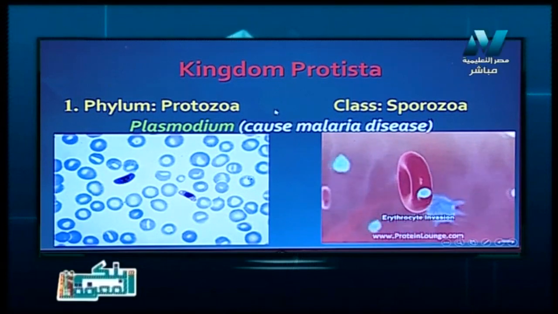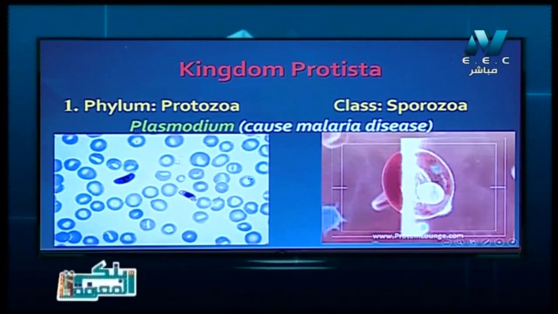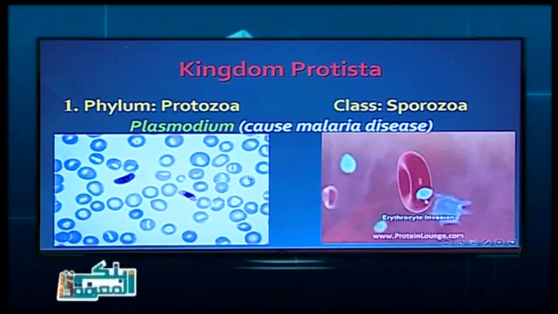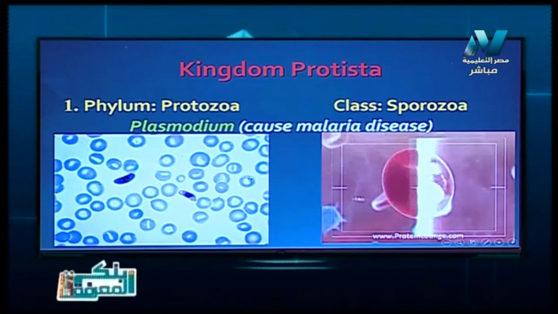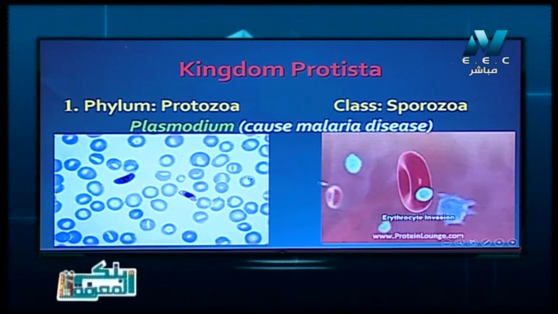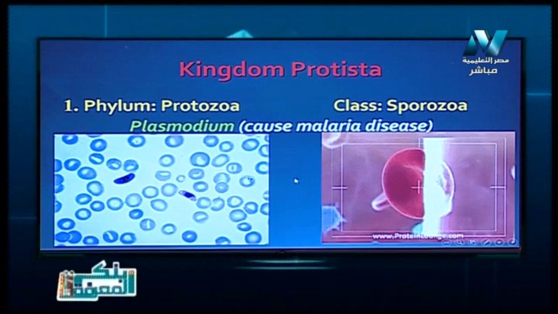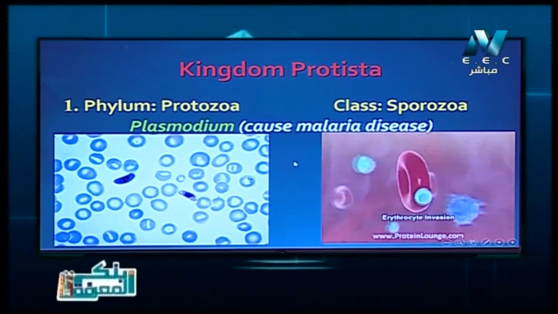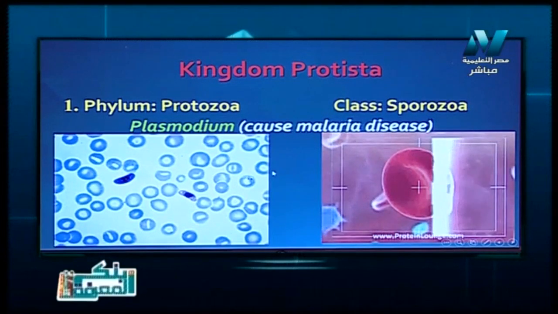And this parasite spends also part of its life cycle inside the human body, infecting the red blood cells, as you see in the video. So the parasite in blue color infects the red blood cell and reproduces inside it to produce a huge number of another stage of parasitism and cause malaria symptoms. So Plasmodium causes malaria disease.